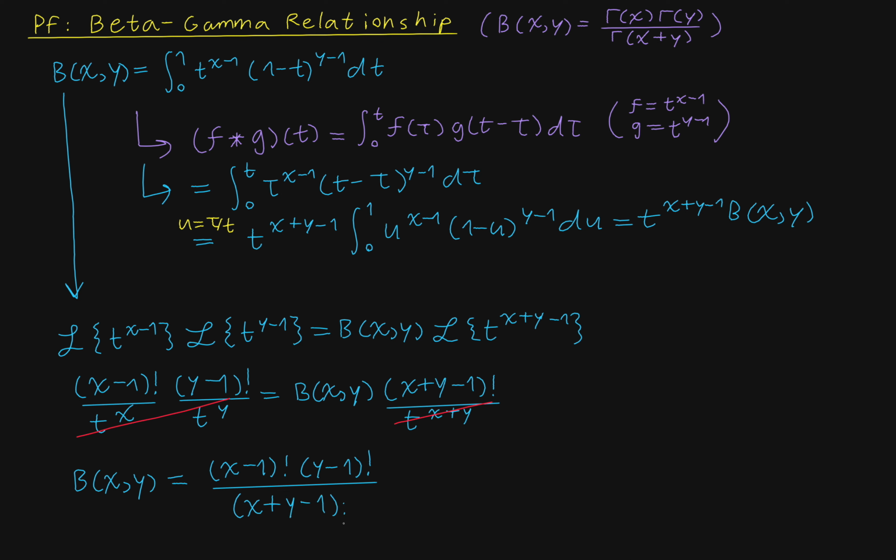And again, you can simplify this using gamma functions. This is just going to be, as we expect, gamma of x times gamma of y, all divided by gamma of x plus y. And that is what we were looking for.